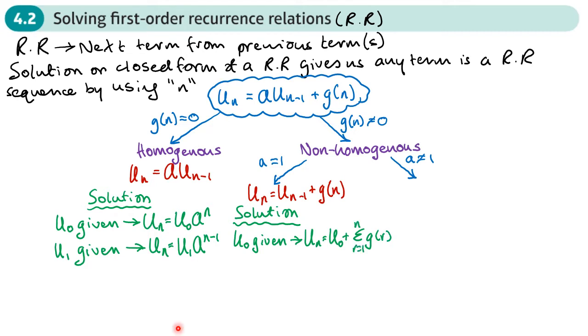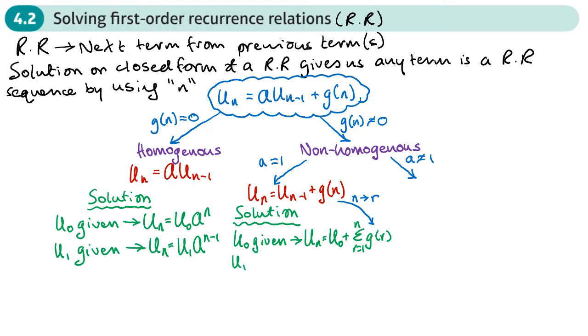Now, what does that mean? Well, basically, we write this function here in terms of r. To get from here to here, we replace n with r. We write the function in terms of r, and we're going to find the sum of that function from 1 to n.